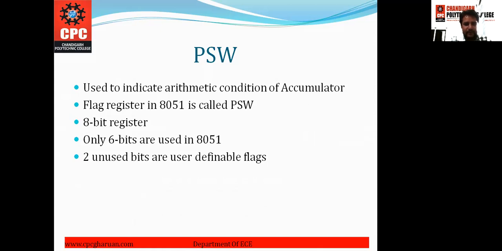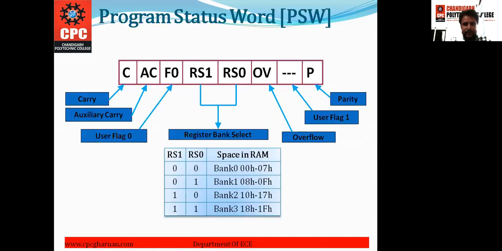It is 8 bits in size, as we have discussed earlier, and only 6 bits out of 8 bits are used in 8051, and the rest of the 2 bits are unused and are user definable flags. We can't use these for 8051 operations. We will only use the 6 bits that we discussed in the previous slide.